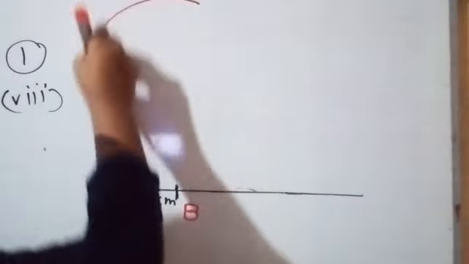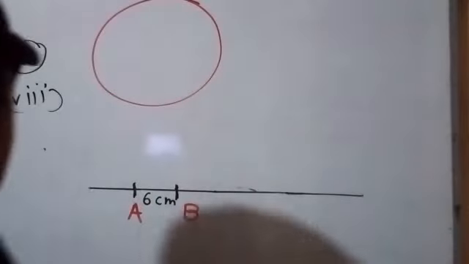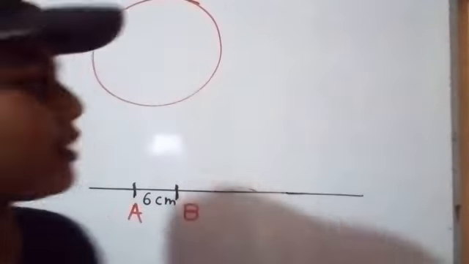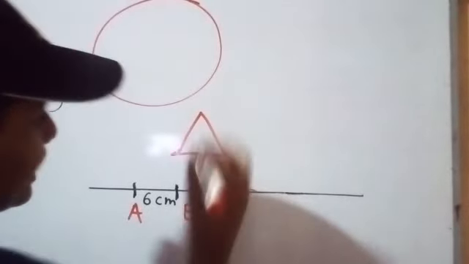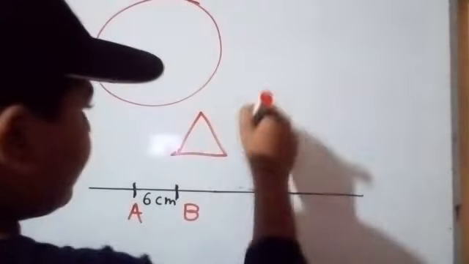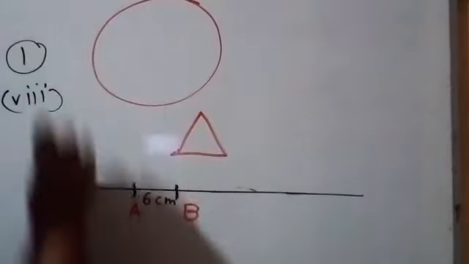I can't draw a correct circle or a correct triangle there. So don't worry, I give the method. You can do that. So let's see the big one.